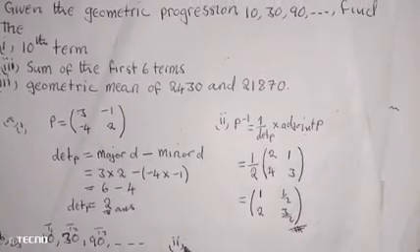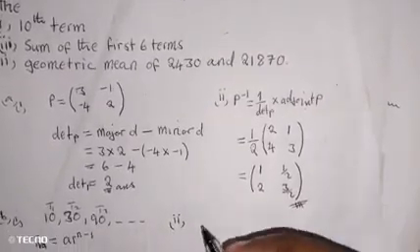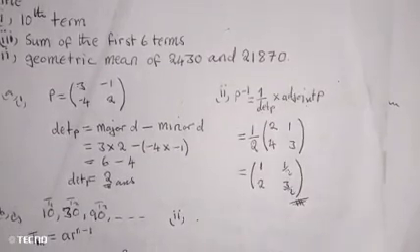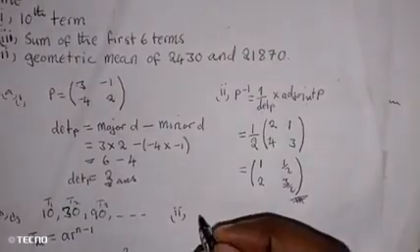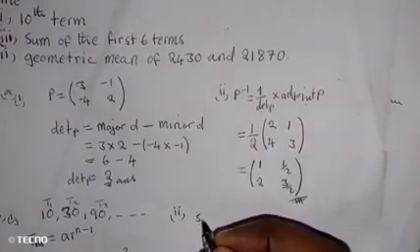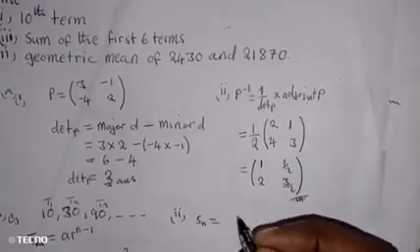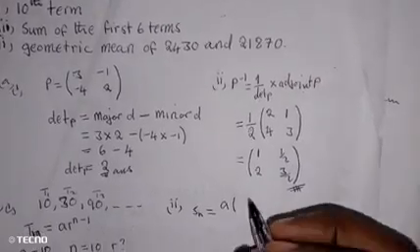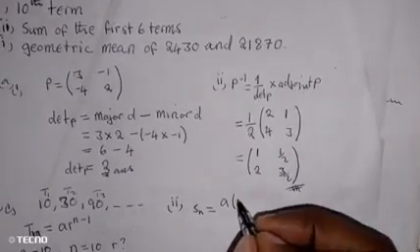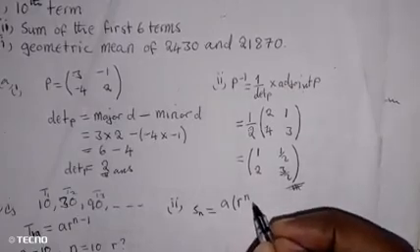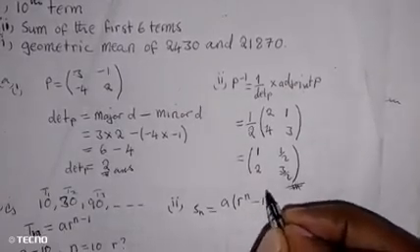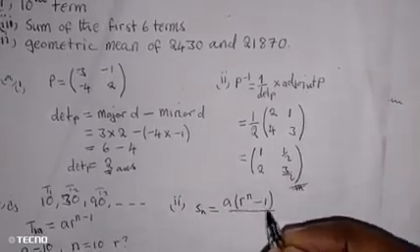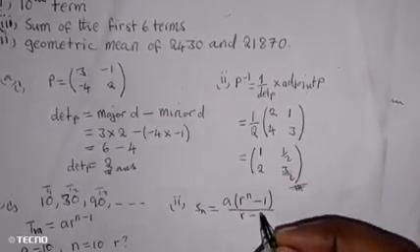Since our r is greater than 1, we are going to use this formula where we say sum is equal to a, open bracket, r to the n minus 1, we close, then over r minus 1.